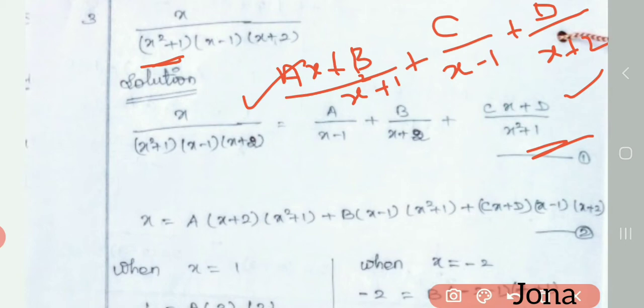I can take either like this or like this. Both are the same. Finally, we will get the same answers, but for a, b, c, d we can get some other values. The final answer will be equal.